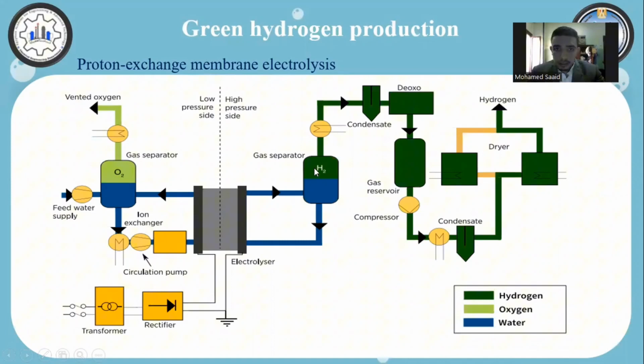Then it's separated. The hydrogen is separated from water. Water is recycled to the electrolyzer, and the hydrogen enters the deoxygen gas reservoir to be condensed and dried. Then the final product is hydrogen.